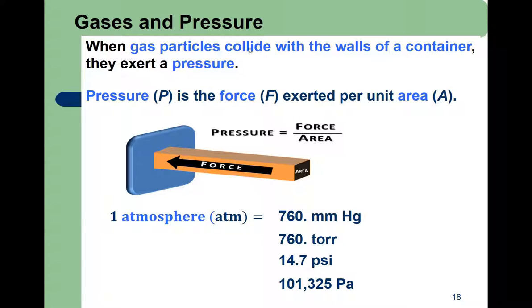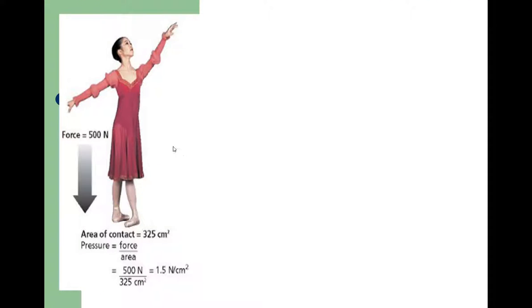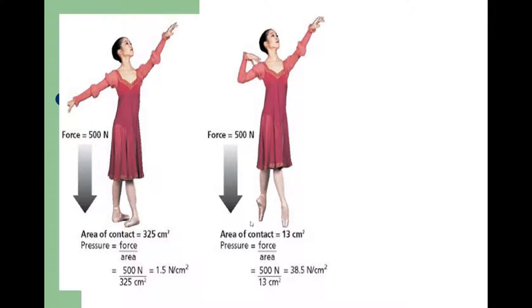So when gas particles collide with the walls of a container, they exert pressure. And that's what we get when we measure atmospheres, mercury, torr, psi. So think of it this way. If you are a dancer and you're sitting flat-footed, you have a certain force. That force is over that area that you're contacting the floor with. If you raise up onto toe, that area is a lot smaller.